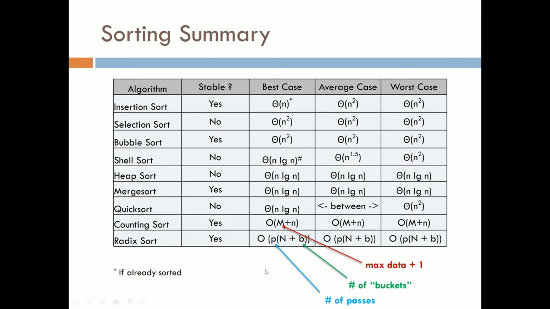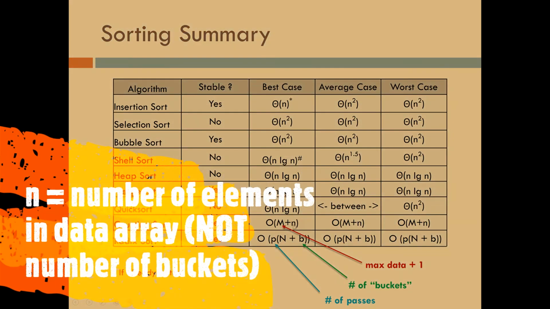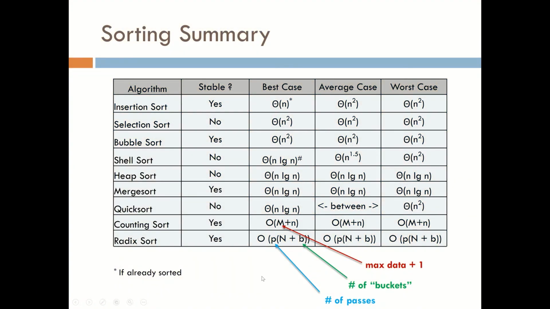For counting sort, it is linear in terms of the maximum value in the table plus the number of bins or buckets that we place the values in, and that is regardless of whether it's the best, average, or worst case. And finally, for radix sort, we're big O of the number of passes, the number of buckets, and n, of course, which is the number of data items that we're putting in.